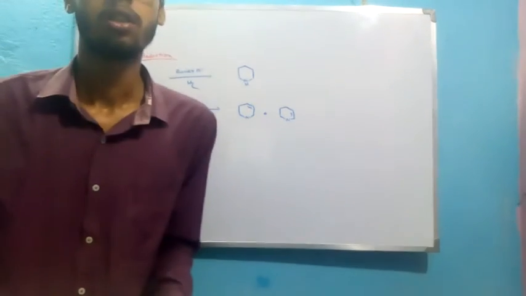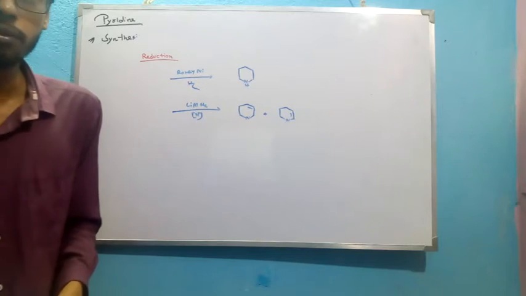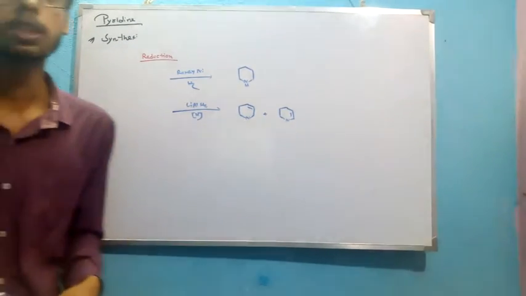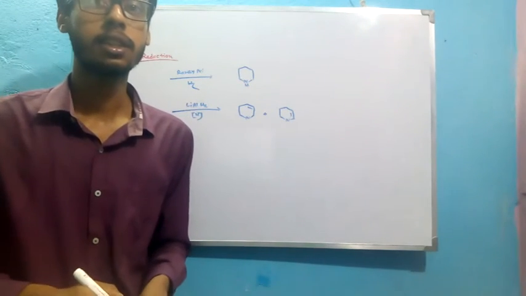Okay, so this formation of a mixture of dihydropyridines occurs when it is reduced with lithium aluminium hydride.